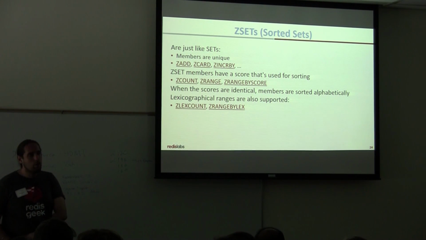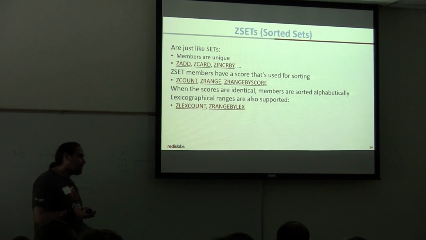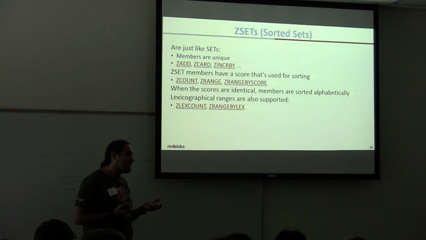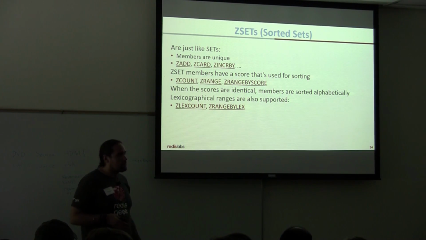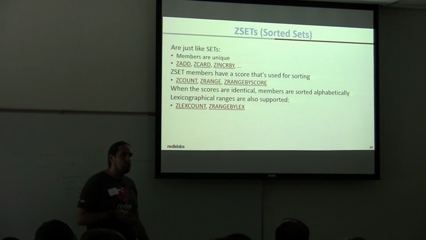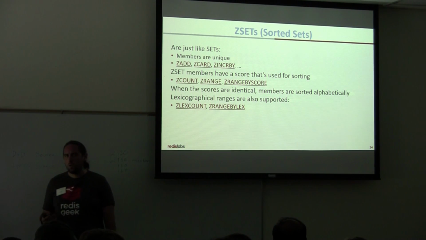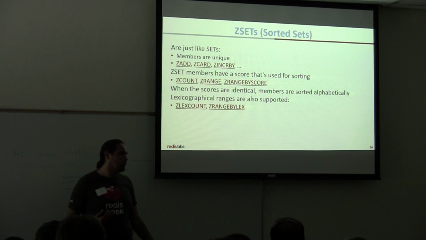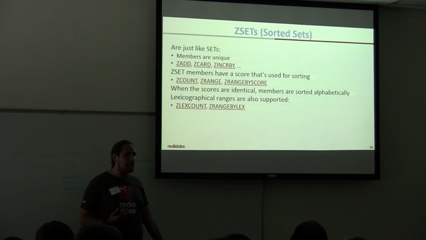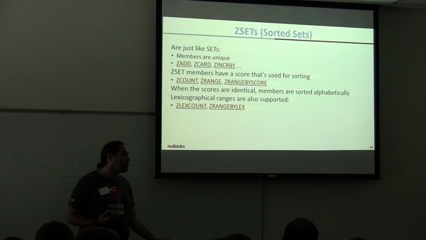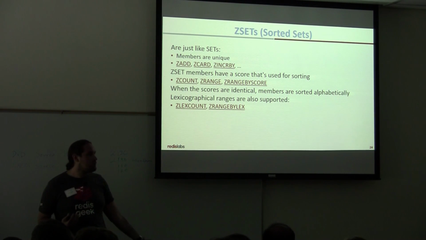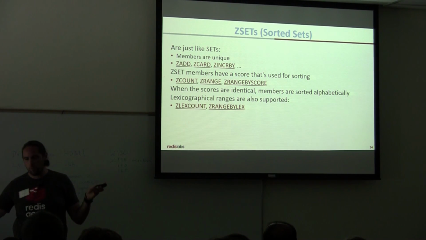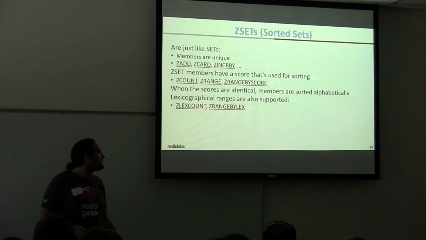Sorted sets are basically like sets. You have a collection of unique IDs or unique string names, keys, that are sorted or associated with a numerical value. Usually what you'll find these being used for is some kind of analytical tracking or reverse indexes. So say you have all of your users with some kind of numerical ID or a GUID that can eventually be reduced down to a numerical ID.